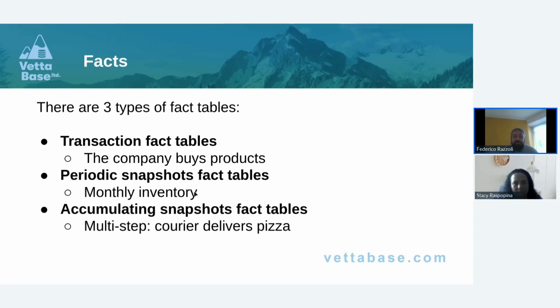For example, monthly inventory, okay? And in this case, in the first fact table, we will have every single purchase we make. So if we have, I don't know, 100 tables in our warehouse, it means that we probably have made 100 purchases here.